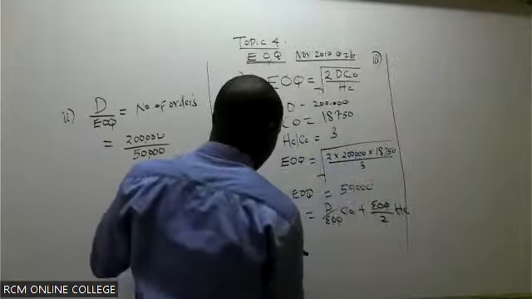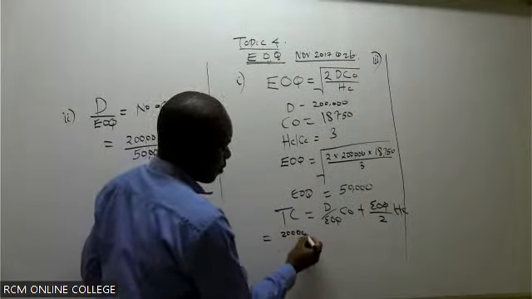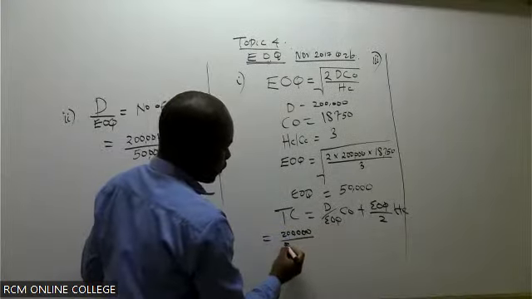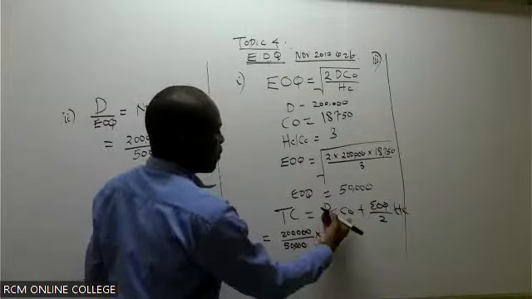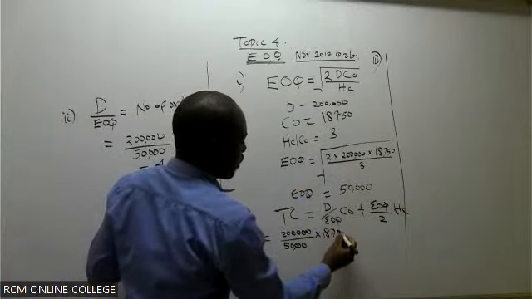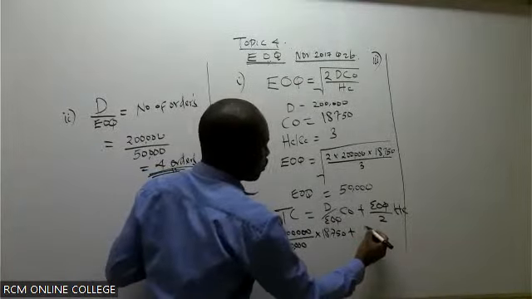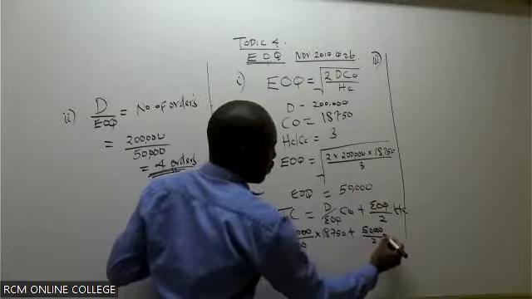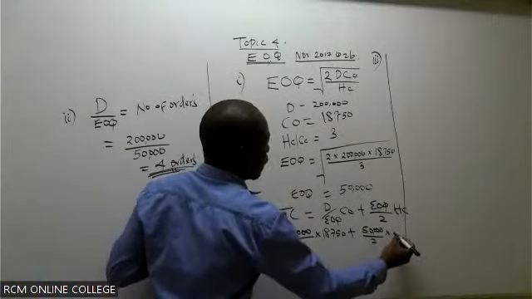So having identified that, let's now go ahead. Demand is 200,000. We divide by economic order quantity, which is 50,000, basically number of orders. Then we multiply by ordering cost, which is 18,750. To that, we add economic order quantity divided by 2, then we multiply by holding cost, which is equivalent to 3.